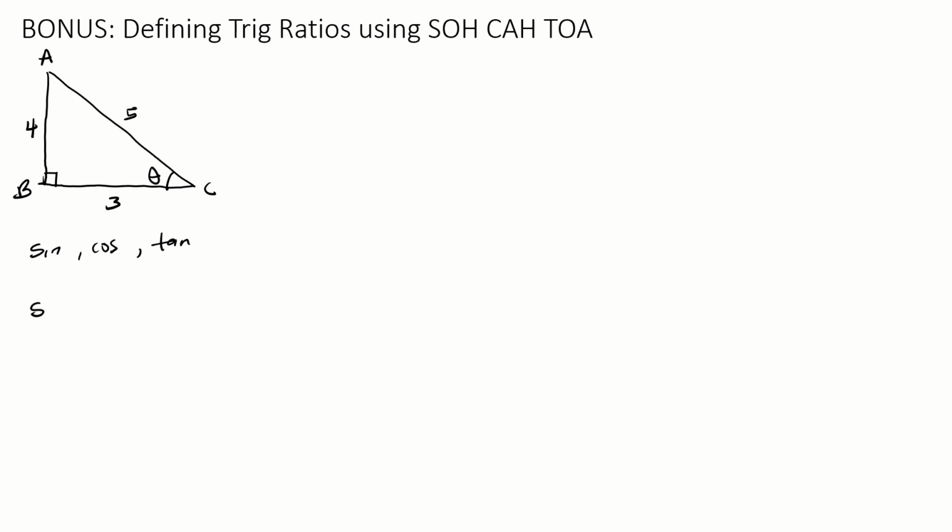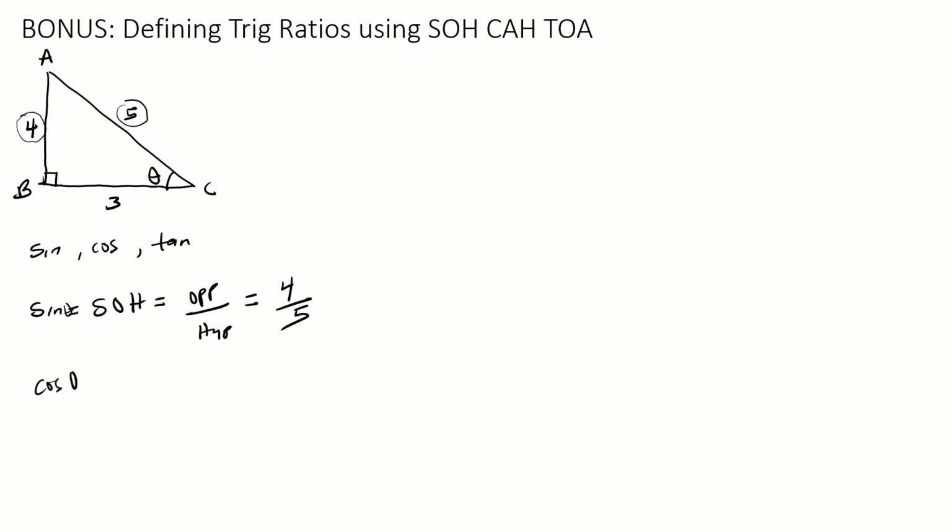Our sine is the SOH, which equals opposite over hypotenuse. So where is the opposite? We have our opposite here, and we have our hypotenuse here. So the sine of theta equals 4 over 5. You see how simple that is?